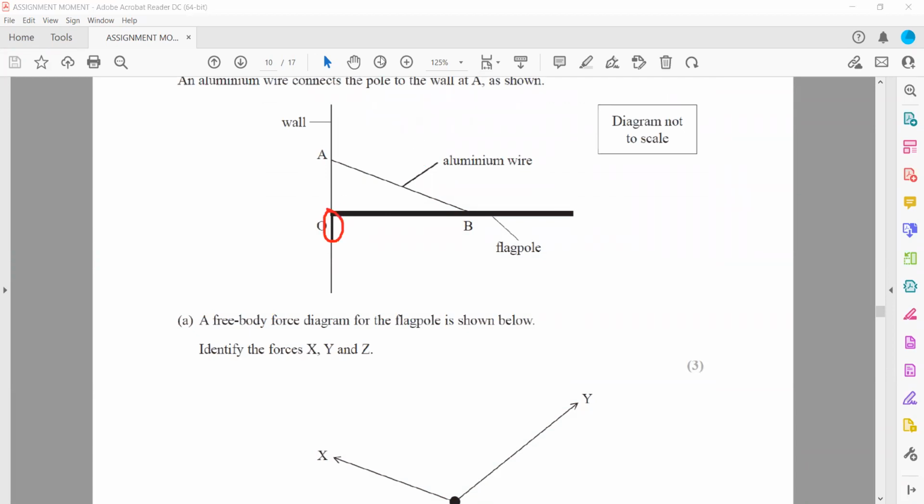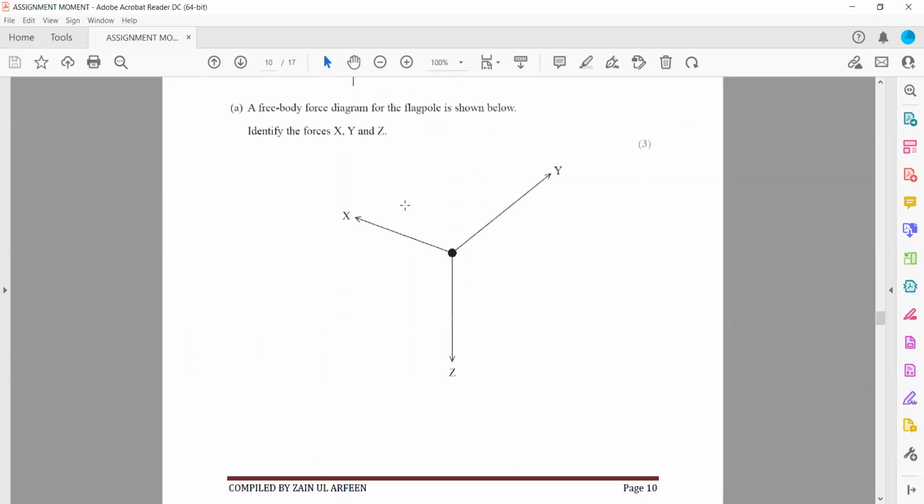So the surface is also applying a force, and that force is a normal contact force. So X is representing tension as the force is applied by a string or a wire, Y is representing a normal contact force, and Z is representing the weight.